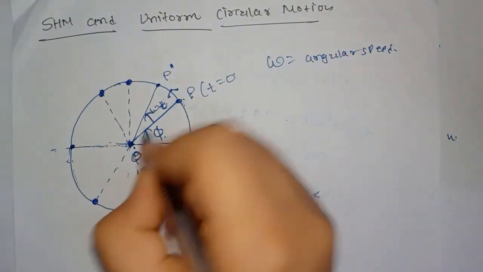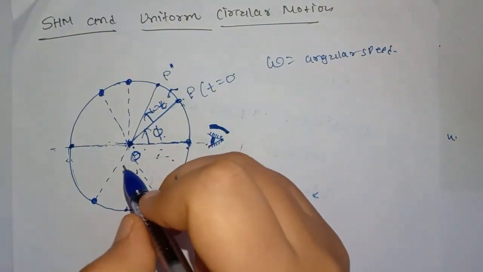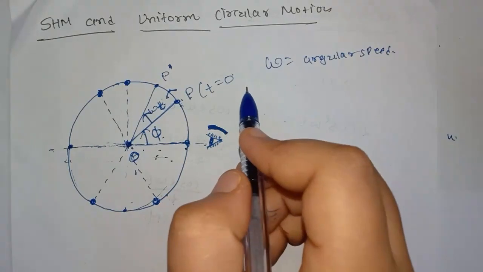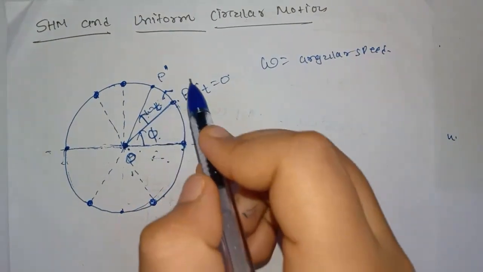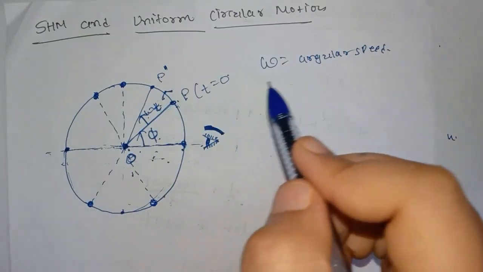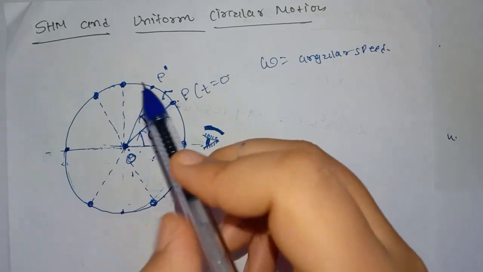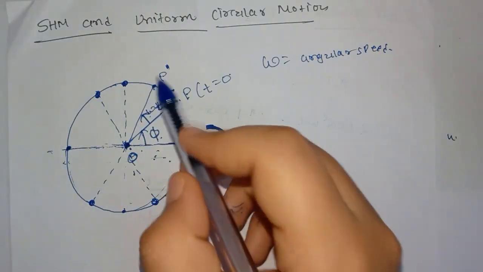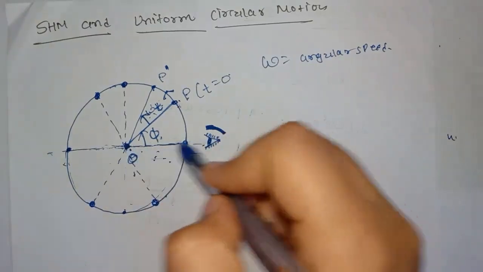The initial position vector OP makes an angle phi with the positive direction of the x-axis at t equals 0, and omega t angular displacement is made in time t. So at point P dash, the vector will make an angle omega t plus phi with the positive x-axis.